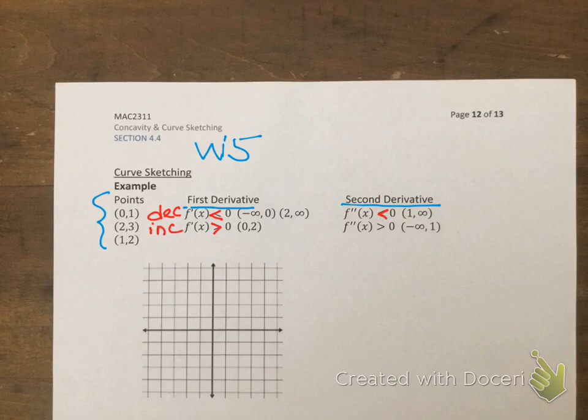You're being told what interval your function is on. Where the second derivative is negative, you know that you are concave down. And here you are told where you have a second derivative that's positive, so you know where you are concave up. So take a minute and see if you can draw that information on a number line.